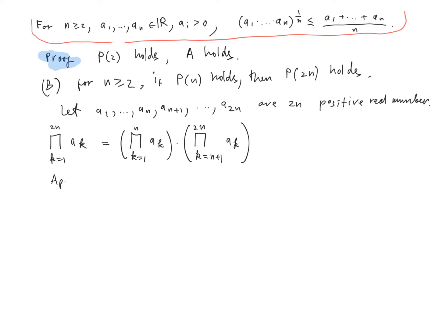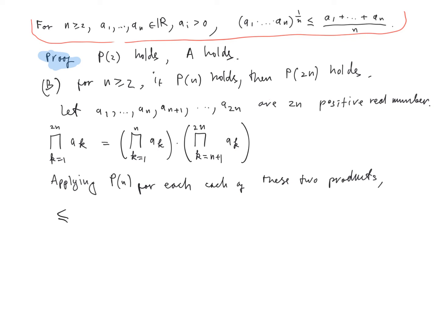Applying the condition Pn, which we assume holds for each of these two products, we can estimate each of these two products from above by the corresponding expression. Hence, the product can also be estimated from above using the basic properties of powers.